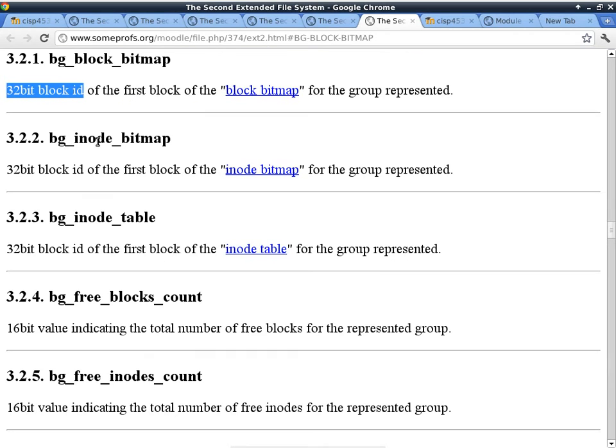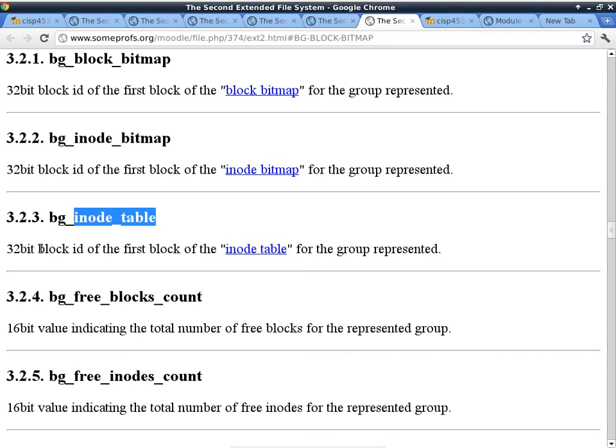We make use of the inode table here: the 32-bit block ID of the first block of the inode table of the group represented. Are we doing okay so far? We have to use the inode table, which is a pointer. It is really a pointer, except it is not a byte addressable pointer.